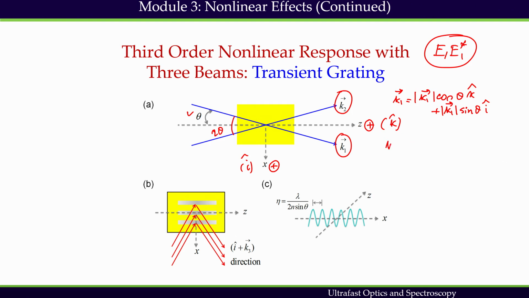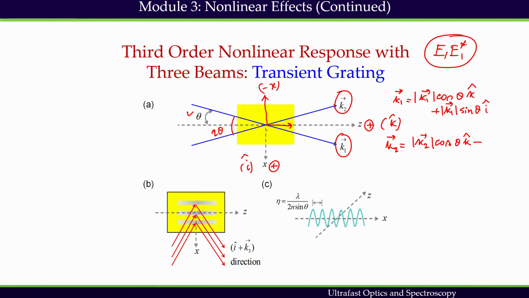On the other hand, similarly, this K2 vector can be written as K2 magnitude cos theta along the z direction, minus, because I am now decomposing along this direction, so this is the minus x direction.